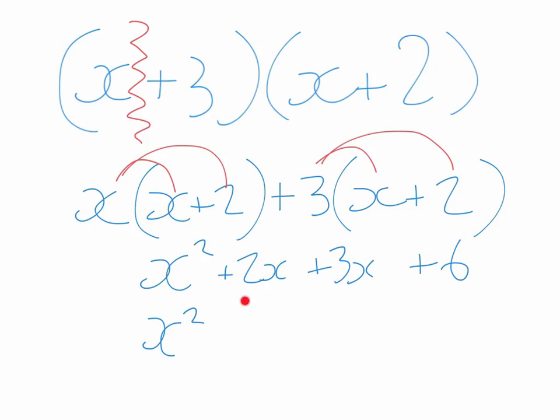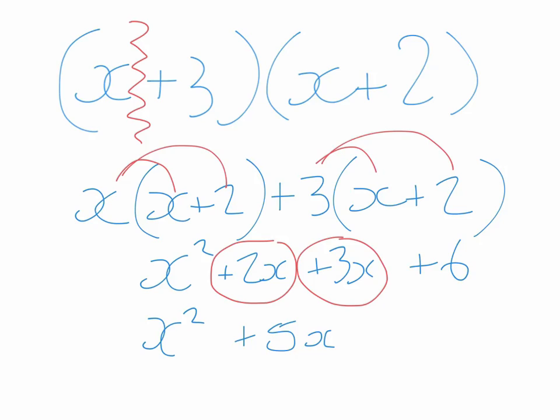Next we have a plus 2x, and we have a look along and we see is there anything else with just a single x in it, and there's a plus 3x. So these are like terms, so they can go together. So the plus 2x and the plus 3x can go together, and 2 plus 3 is 5x.